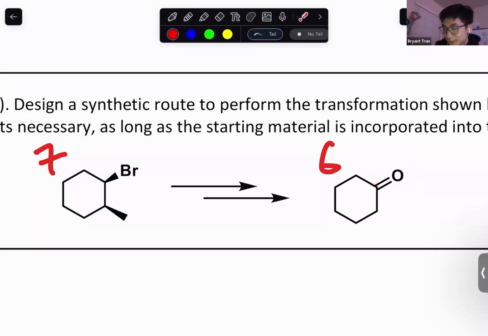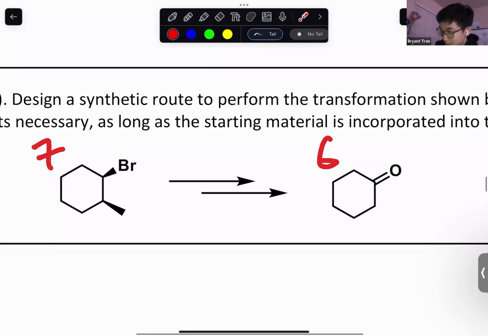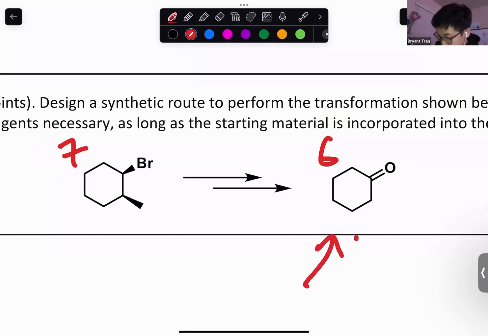What reaction comes to mind when you cut a bond in half to get rid of a carbon and have this carbonyl here? Ozonolysis, yes. Where this carbonyl came from this alkene where the methyl group is right there, right? So if we go backwards here, ozonolysis, O3, second step, dimethyl sulfide.